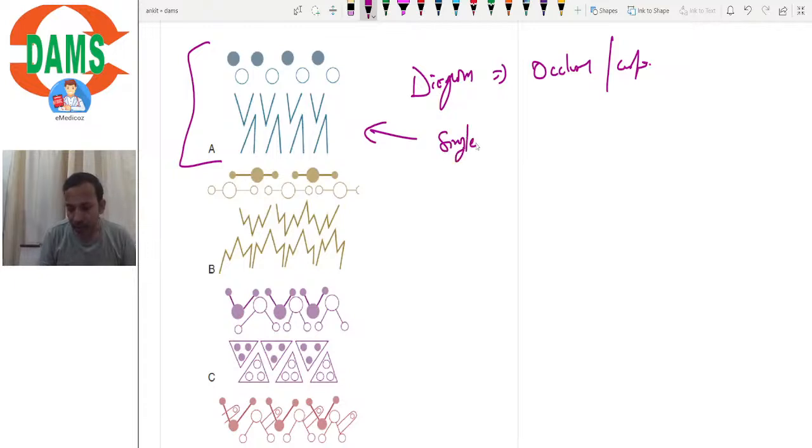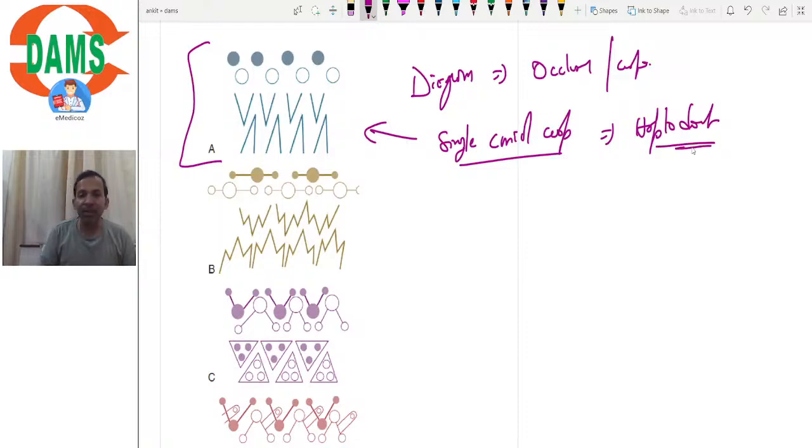A tooth with a single conical cusp, a haplodont. So you can see, if at all such a diagram is asked, you can straightforwardly say that this is a haplodont or a single conical cusp tooth. These solid ones represent maxillary and these circles represent mandibular.